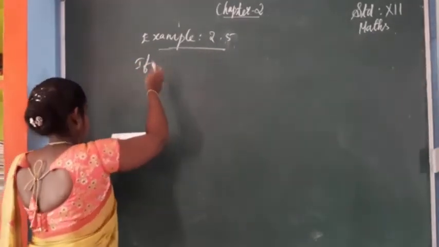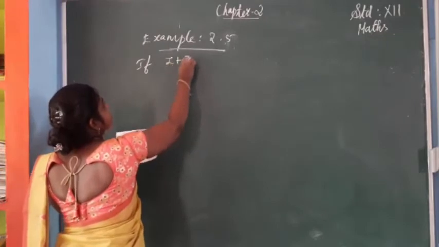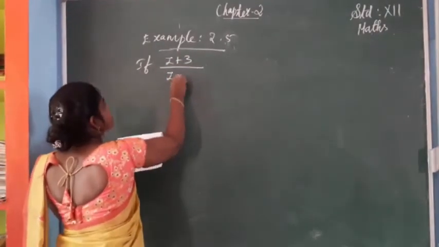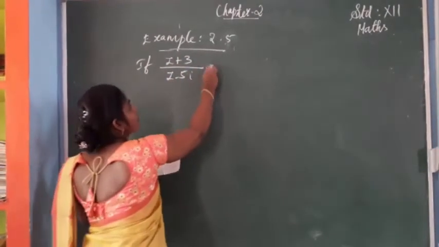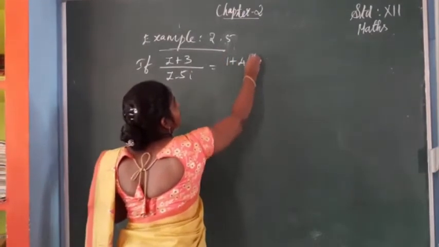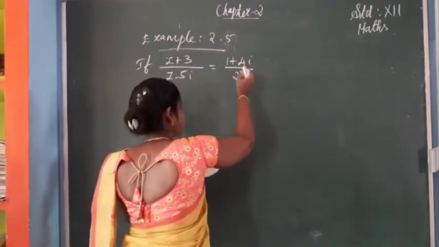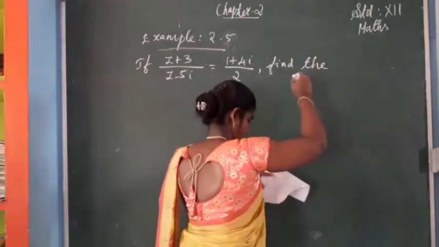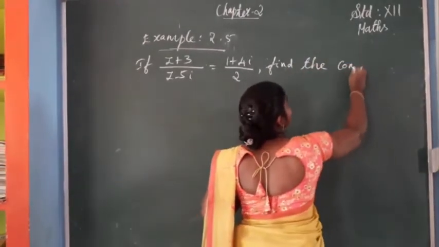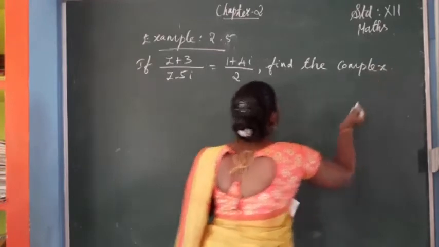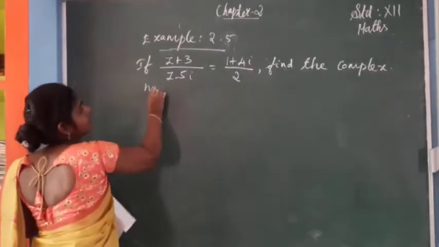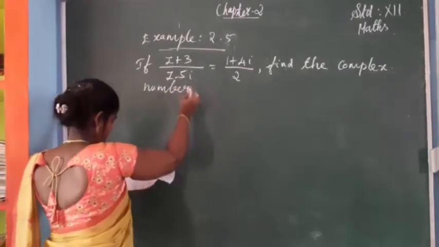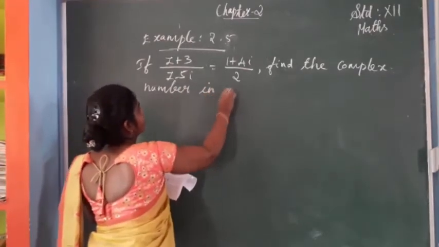If (z + 3)/(z - 5i) is equal to (1 + 4i)/2, find the complex number z in the rectangular form.